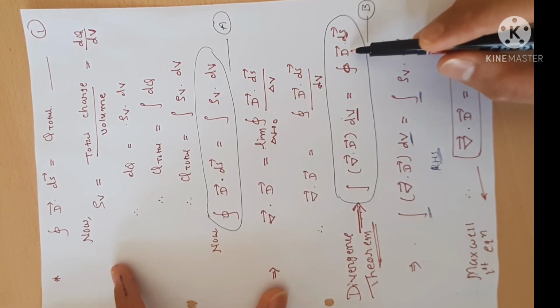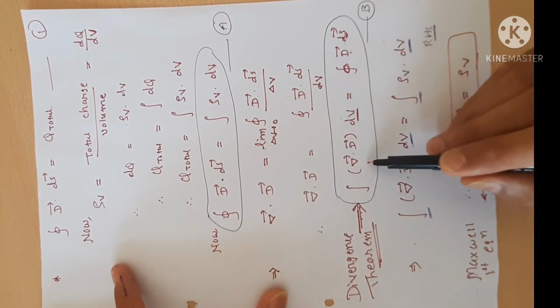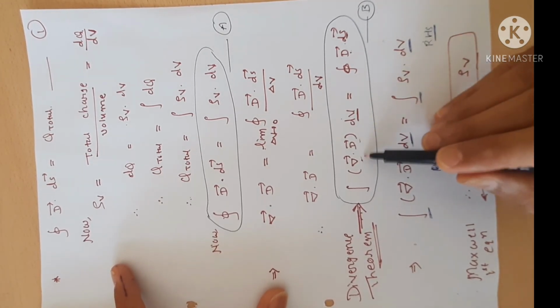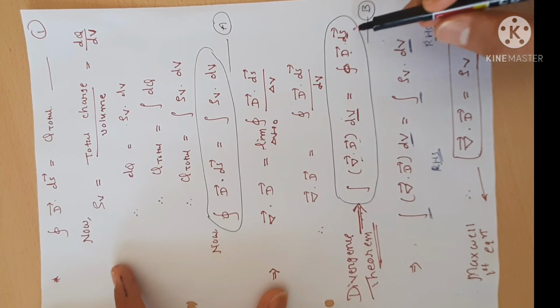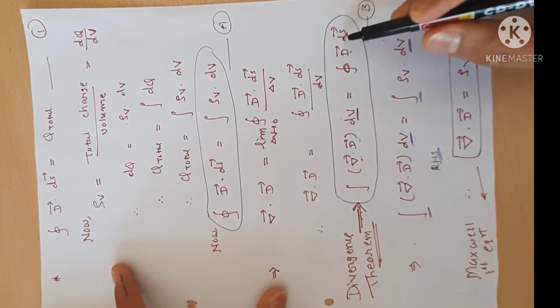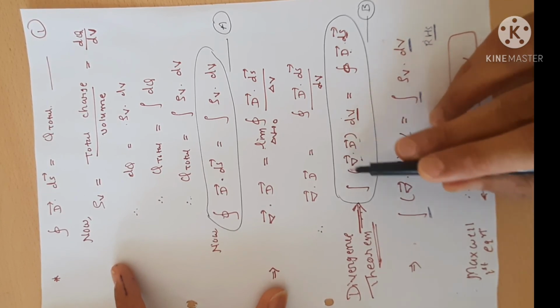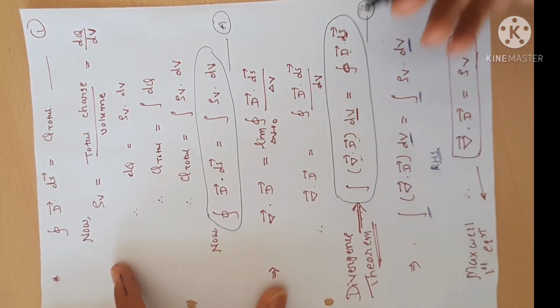So how can we convert the D vector from a closed surface into a volume? We just take a divergence operation. If you want to convert any vector from a closed surface to a volume, you just take the divergence of that vector. So you can easily convert that vector from a closed surface into a volume. This is known as the divergence theorem.